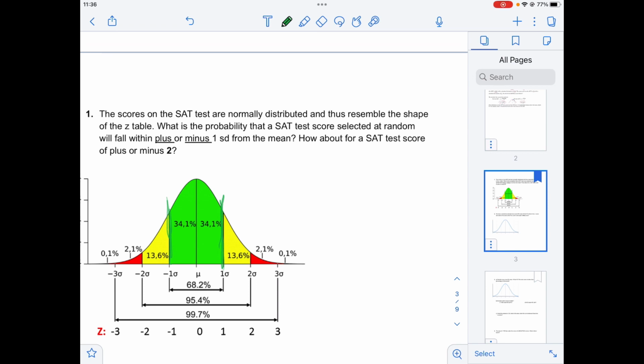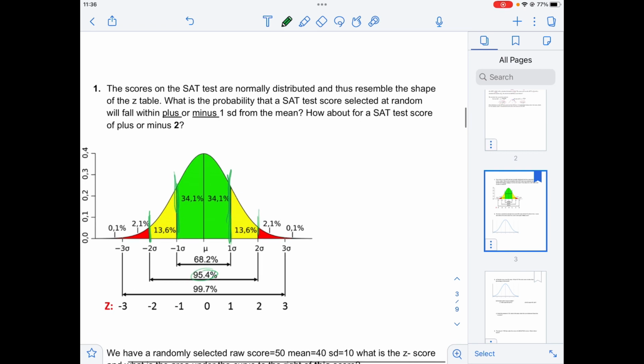We memorize 68. If we're thinking about 2 standard deviations, from here to here, we know that is 95%. And these relate to your Z scores.